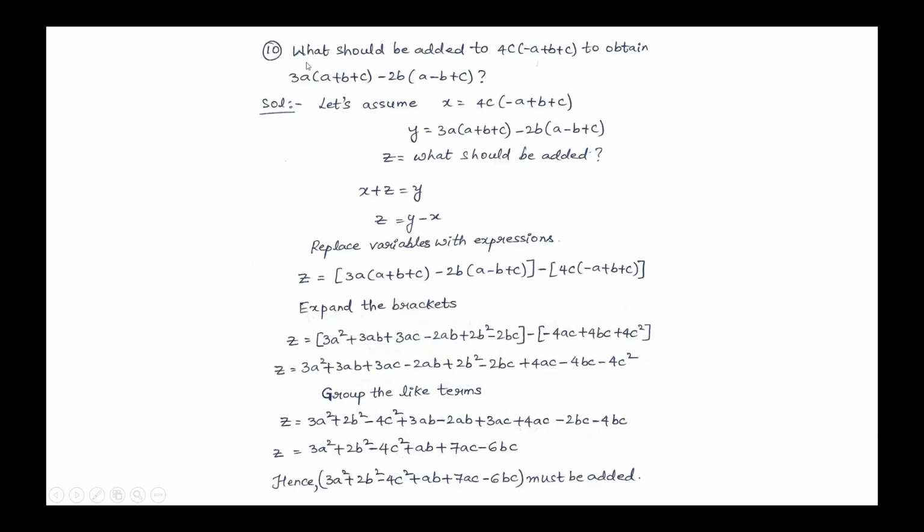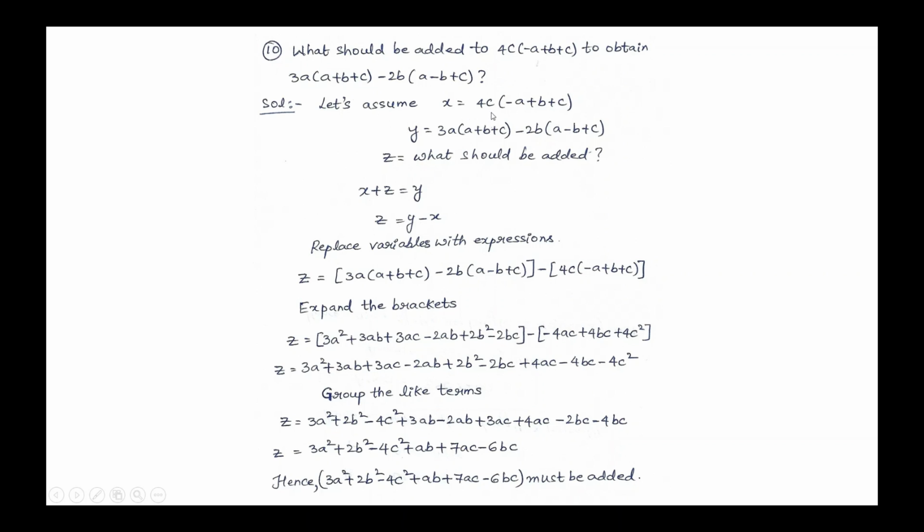The 10th question is, what should be added to 4c into (minus a plus b plus c) to obtain 3a into (a plus b plus c) minus 2b into (a minus b plus c)? The solution is, we are given two expressions. Let's assume these expressions to be x and y.